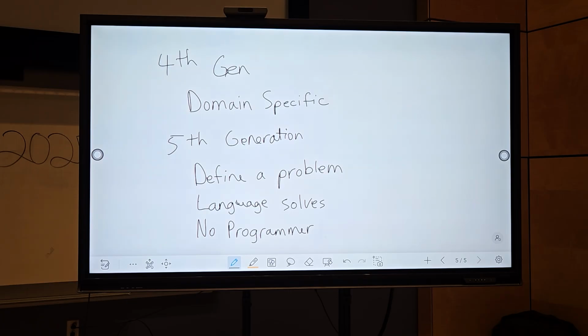But Lisp was developed in 1958 to address that sort of thing and be able to program it.